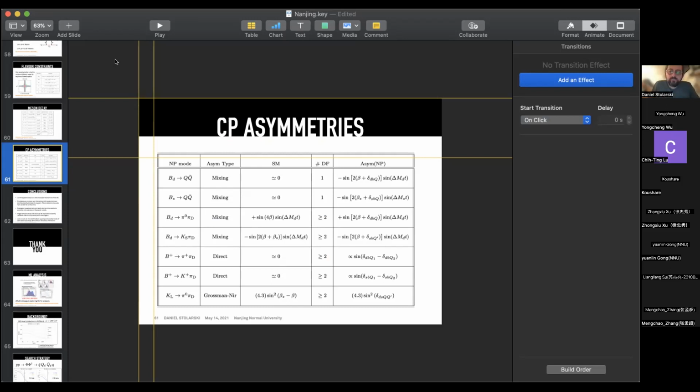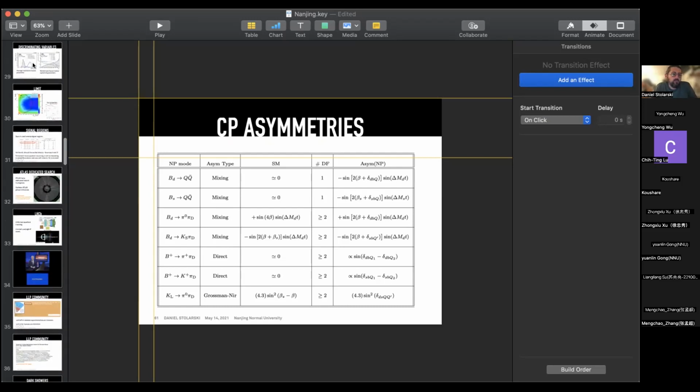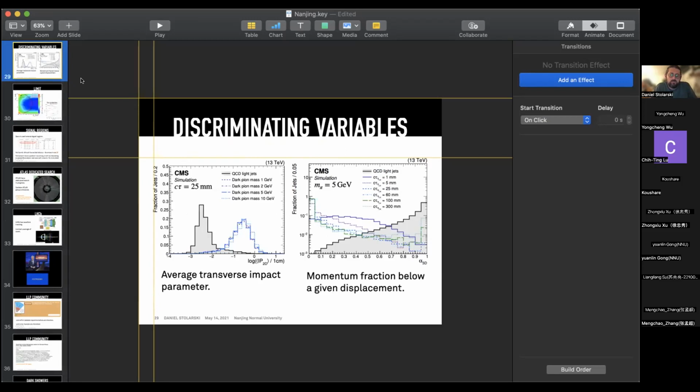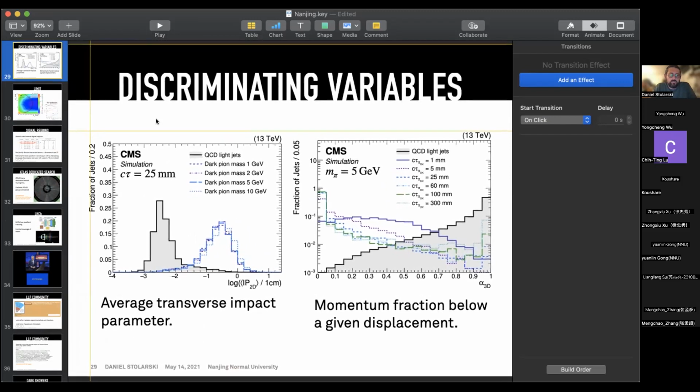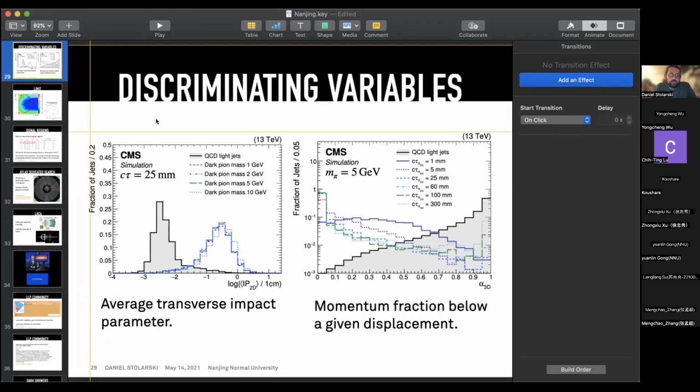Are there any other questions? Yeah, actually I have one. On page 29, you show the distribution from the CMS search for this emerging jet. I'm wondering if this distribution is sensitive to the dynamics in the hidden sector at higher energy, or is it fully determined by the low energy effective theory?